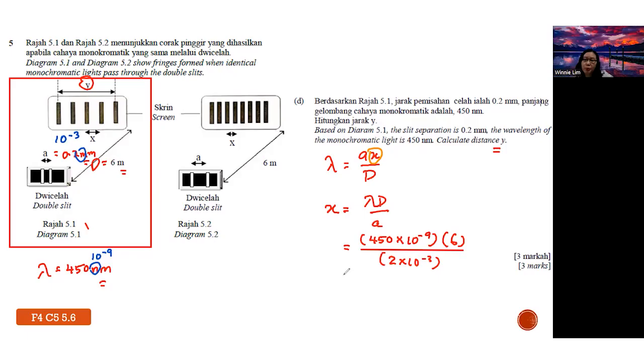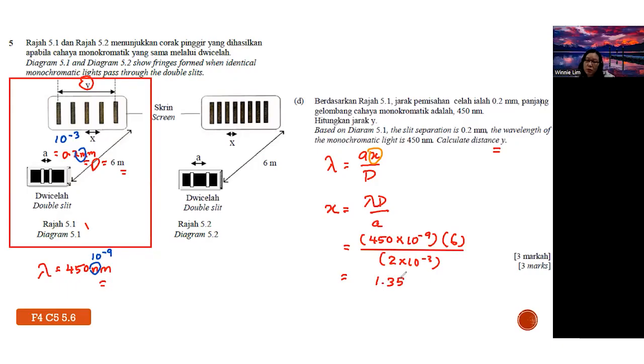Bear in mind, when you press the calculator, put brackets for anything that you divide below, unless your calculator already has the fraction form, or else you will always get a different answer. Or the next way, I always tell students, you solve part by part. You calculate the top, then calculate the bottom, then you get the final answer, if you worry you press the calculator wrongly.